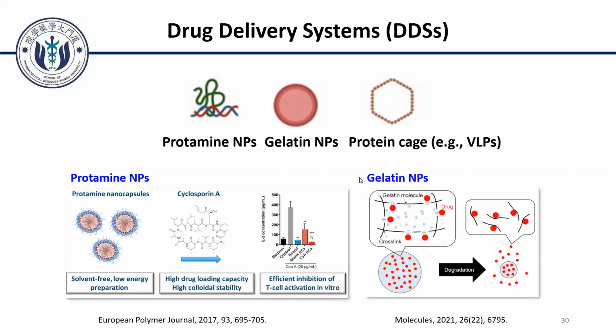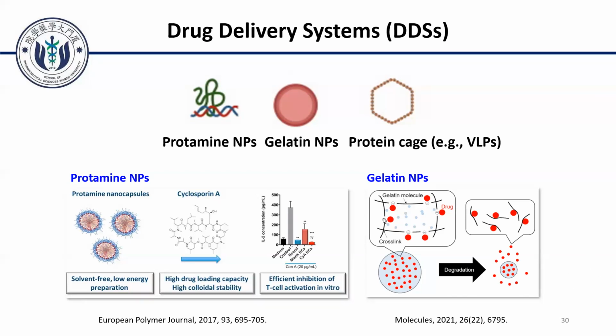And gelatin nanoparticle, gelatin as a nanocarrier, is also a very commonly used type of drug carrier. Gelatin, as you may know, is a collection of peptides and proteins produced by partial hydrolysis of collagen, extracted from the skin, bone, or connective tissue of animals and so on.